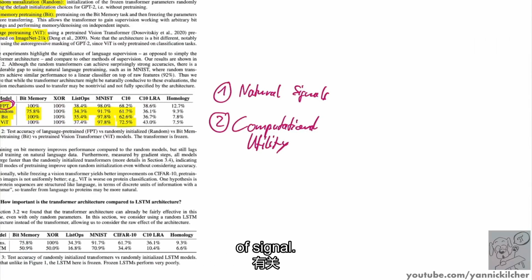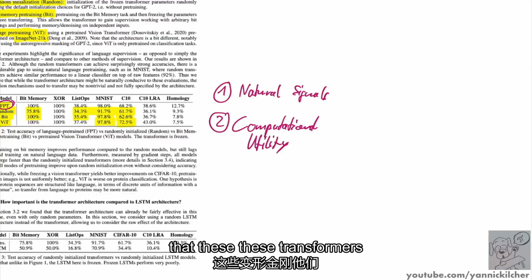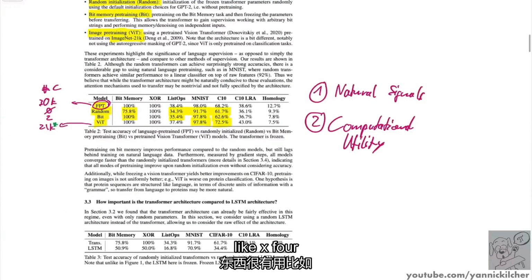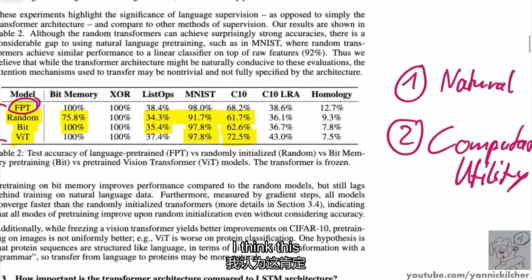Now, when you encode these computational primitives, it has something to do with the type of signal, of course, but I think what could be happening is that these transformers prepare a lot of good features that are just useful to compute different stuff, like XOR, like remembering things, and so on. I think this could definitely be the case, that in these attention layers there are these computational primitives encoded.